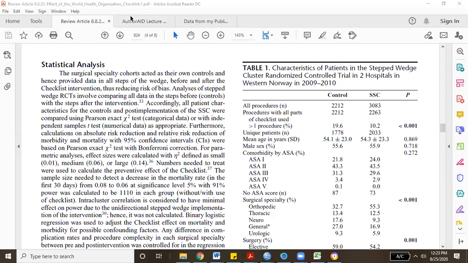Okay, so when we have these procedures and we are interested in determining if there is a difference, we don't just say, oh, 19.6 is higher than 10.2. We use some statistical procedures to do this.